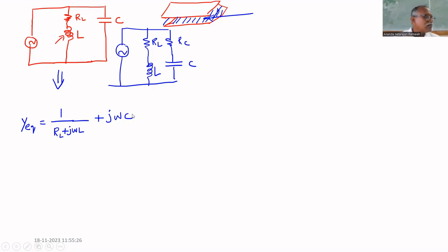It has a considerable value because a very long conductor is wound on a core. So Y equivalent equals 1 by RL plus j omega L plus j omega C.